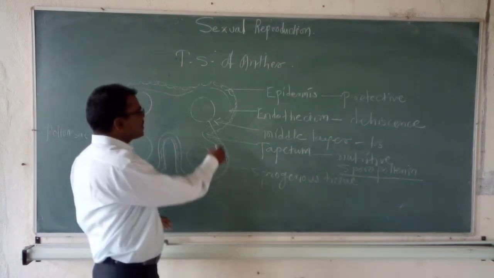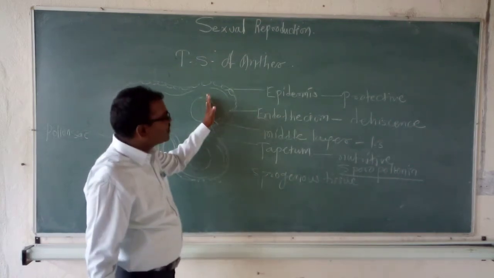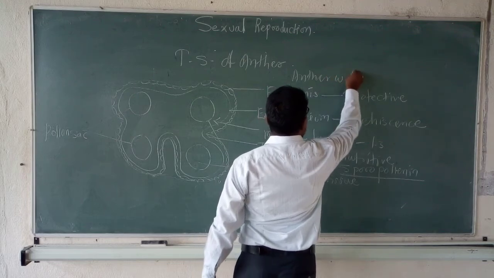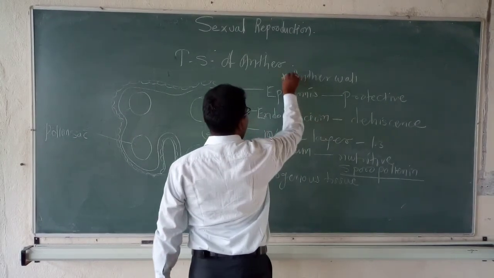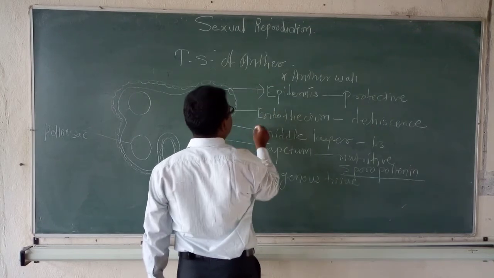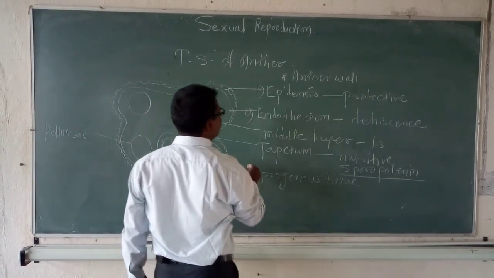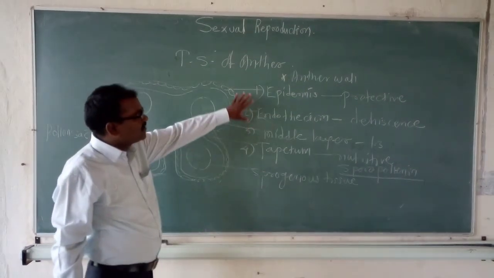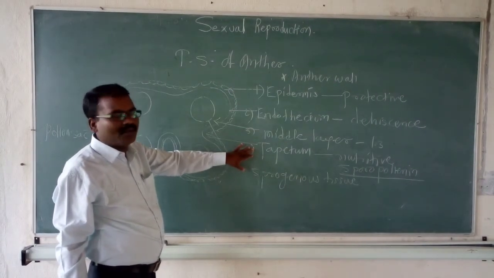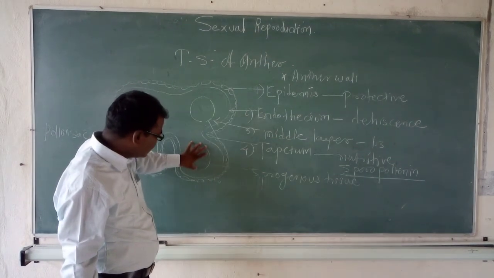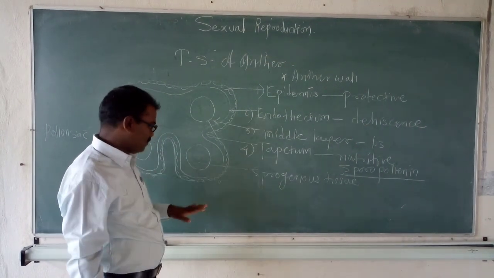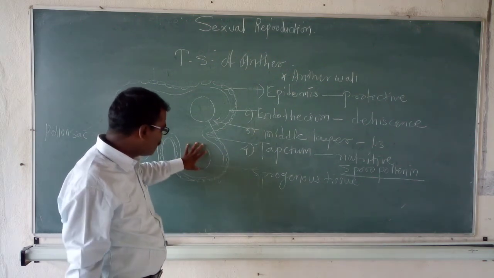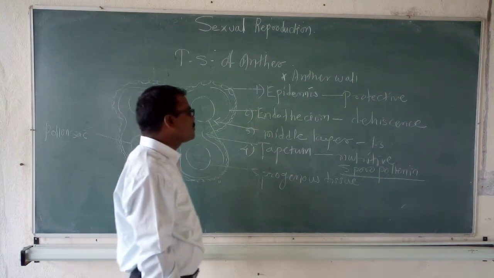This is all about the anther wall. There are four anther wall layers: first epidermis, second endothecium, third middle layer, and fourth tapetum. Inside the anther wall there is sporogenous tissue.